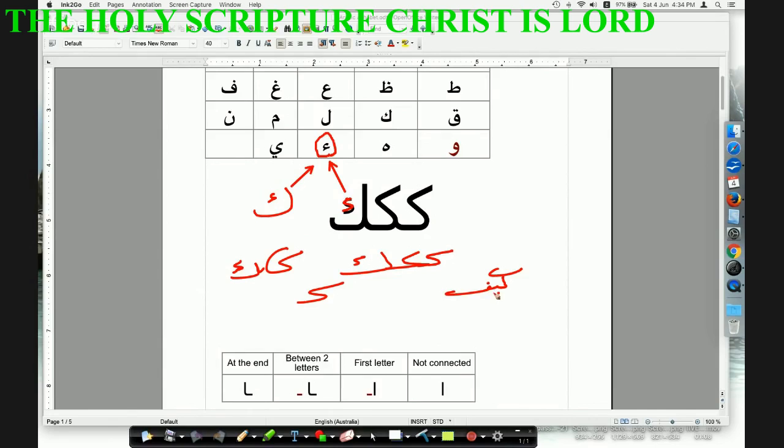Look how I wrote the letter Ka. I made it artistic, not the same as what you see here, but it is the same if I do it this way. This is just an artistic way to write the Ka, to make it more beautiful. Kaif means how. How can be for anything. Like you say to me, go to this place.